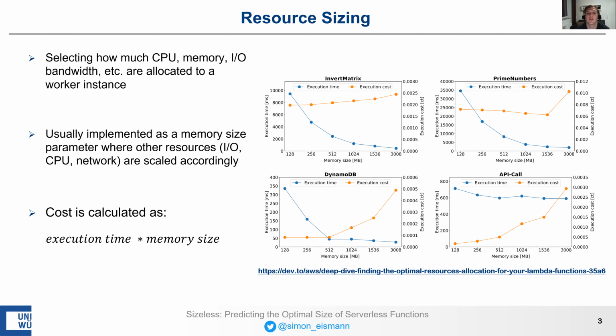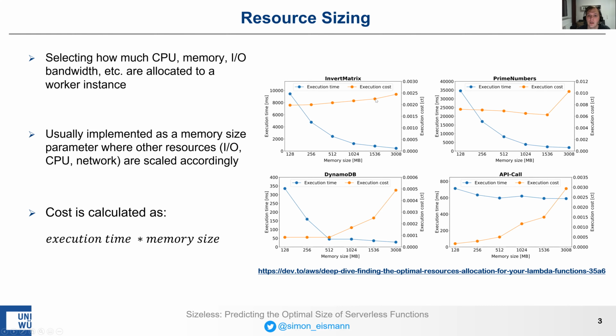I've brought a few examples here. There are two CPU-intensive functions that invert a matrix or calculate prime numbers, whereas the ones on the bottom connect to a database or make a call to an external service. What you see here is, in blue, the execution time for varying memory sizes and the corresponding costs in orange.